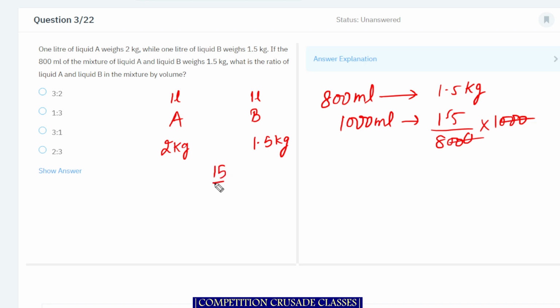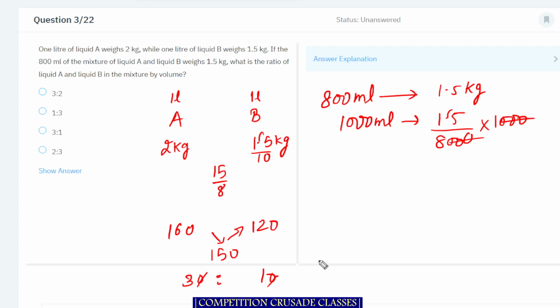So this is 15 by 8. Okay, you had to be careful. Now obviously you can just multiply by 80 throughout. So you will get 160 for A. This is going to be 120 and this one is going to be 150. Okay, so this is going to be 10, and I'm just using alligation, and this one is going to be 30.